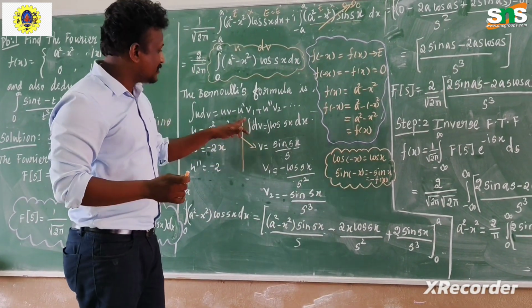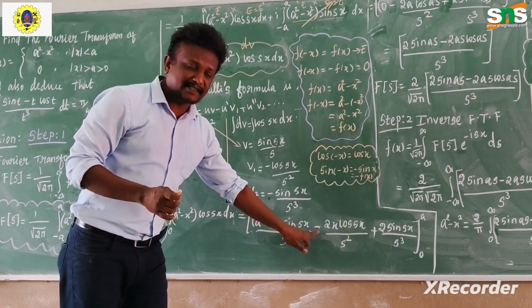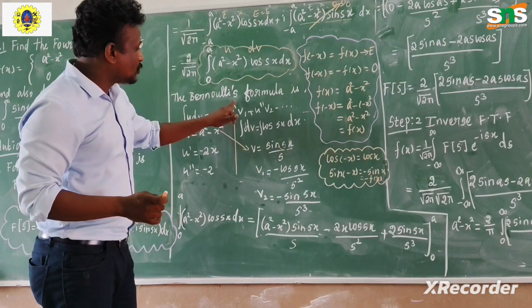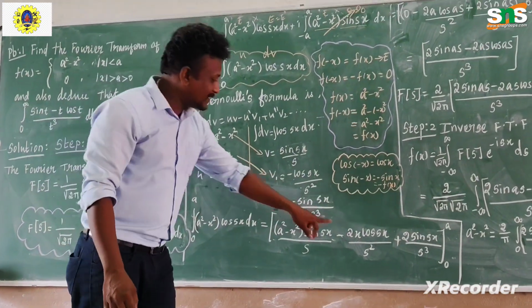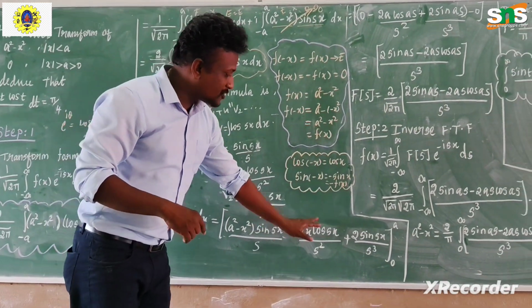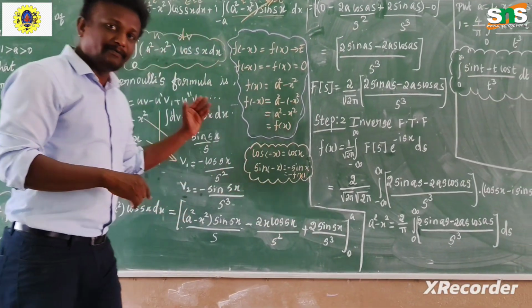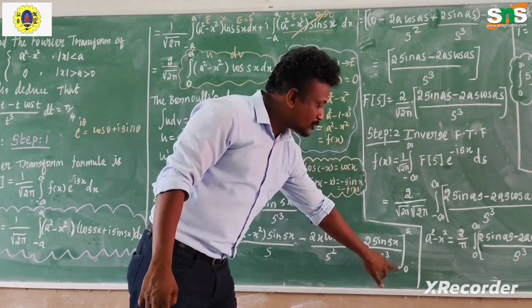Let's move to the second term. In the second term, you have to put a minus. So I just put minus. Then the multiplication of u dash and v1. These two you have to write in the second term. So as you see, this is the second term. Let's move to the third term in the same way. After substituting all these results, now you can substitute your limits.